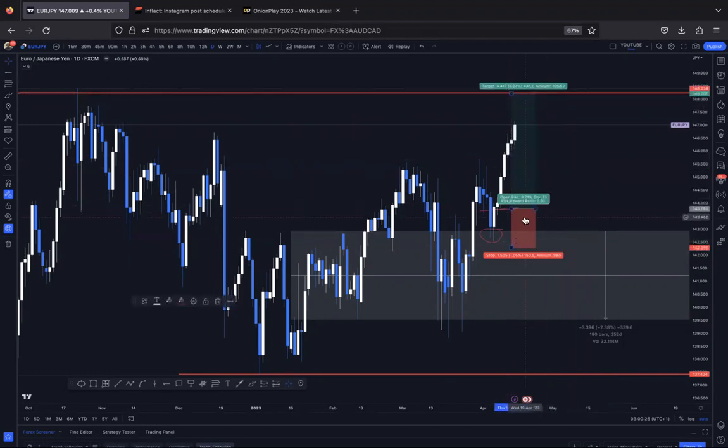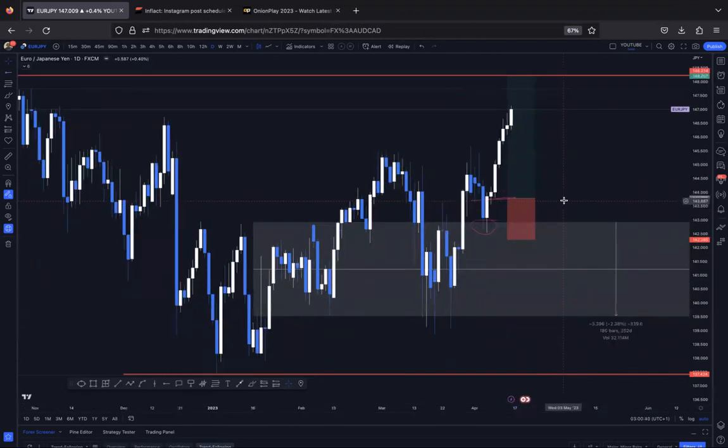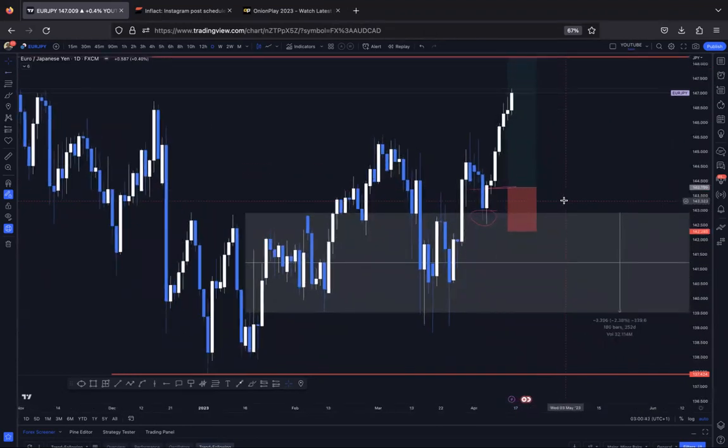So this is 1:2.9 risk reward ratio. So this is a very big trade. Even though your stop loss is 150 pips, your take profit is 441 pips. So very good trade if you are using a smaller lot size, like 0.01.